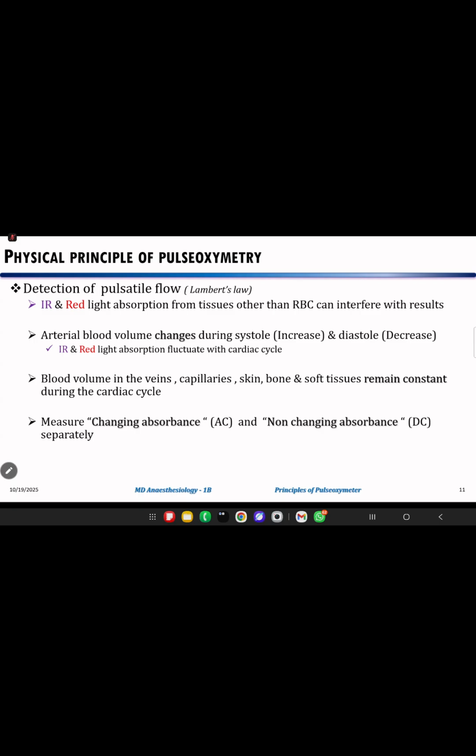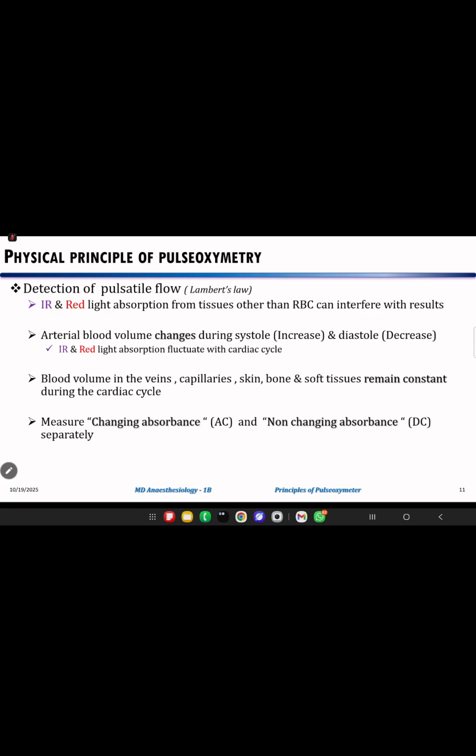As I mentioned earlier, the arterial blood volume changes, with increase and decrease during the cardiac cycle. So the path length that the light passes through will change. That means the infrared and the red light absorption changes during the cardiac cycle in the arterioles or the arteries.